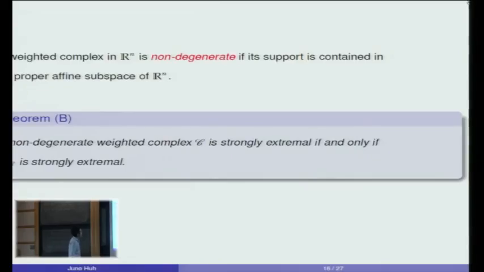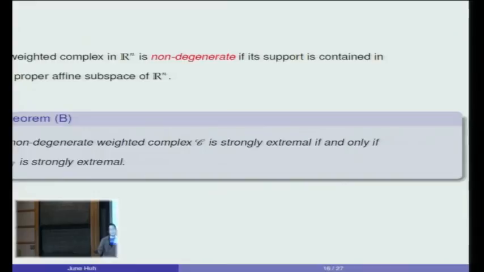And the second theorem would be: if you have a non-degenerate weighted complex, meaning that it's not contained in a proper affine subspace of R^n, then that is strongly extremal if and only if this tropical current is strongly extremal. So again, the valuable direction would be this.